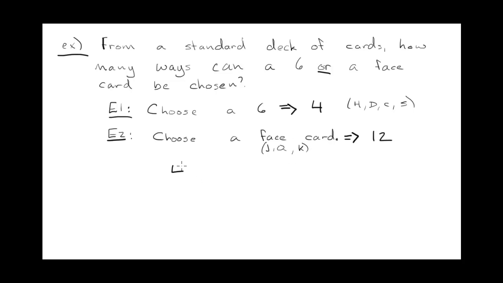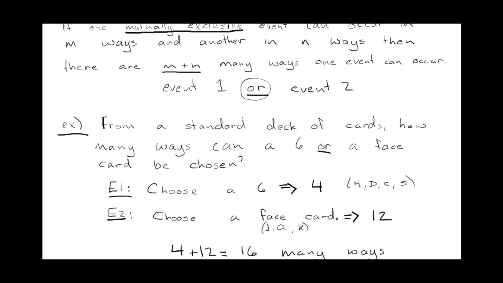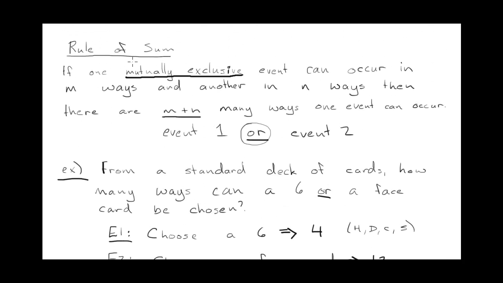There are 4 plus 12 equals 16 many ways. So basically what we're saying is there are 16 cards you could draw which would be a 6 or a face card.